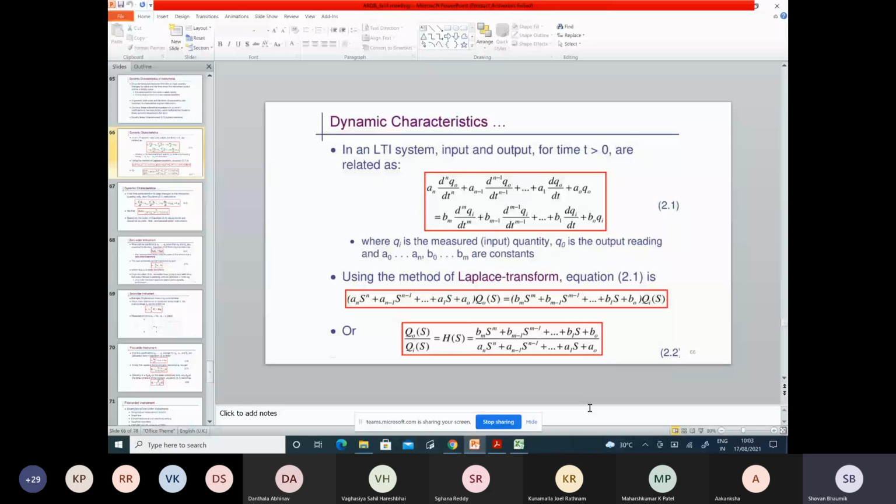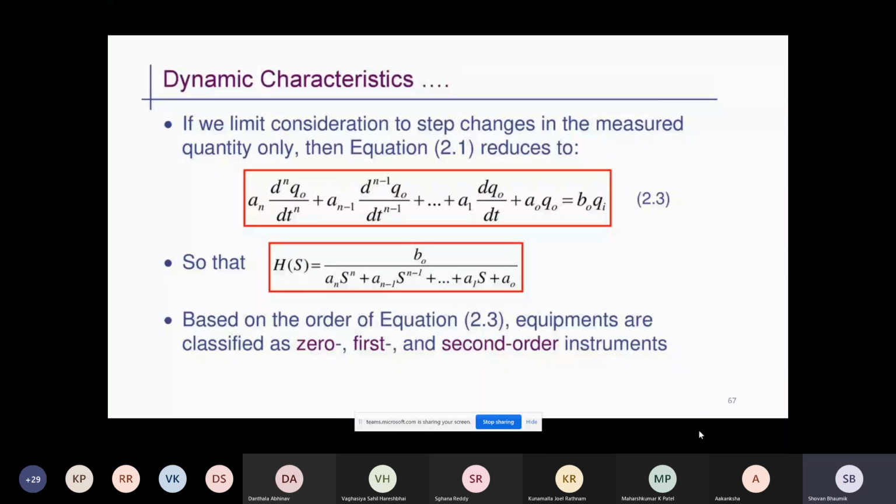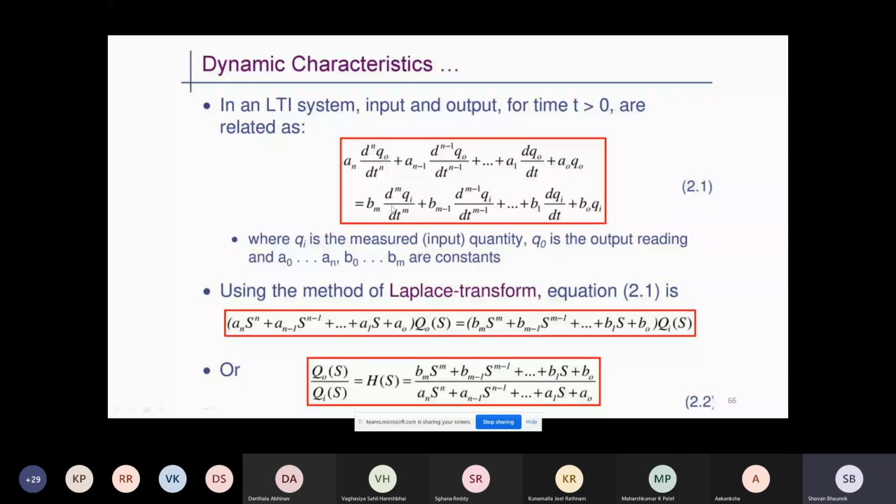So now let's proceed. This is in general an nth order transfer function of any measuring device. Now suppose the right hand side of equation 1 is not necessarily such that all the b_m's will be 0 except b_0.